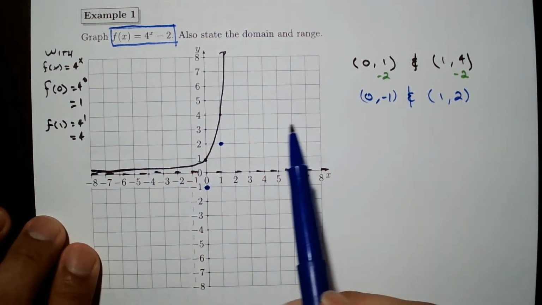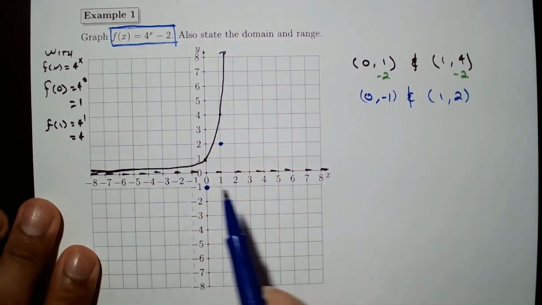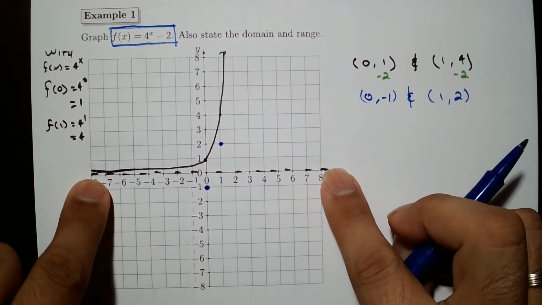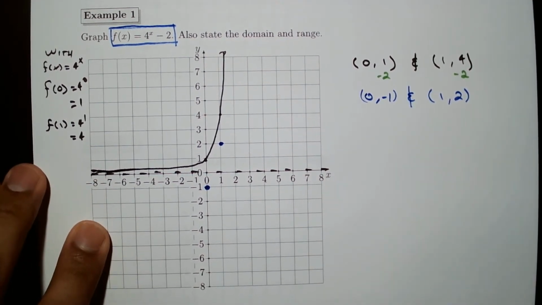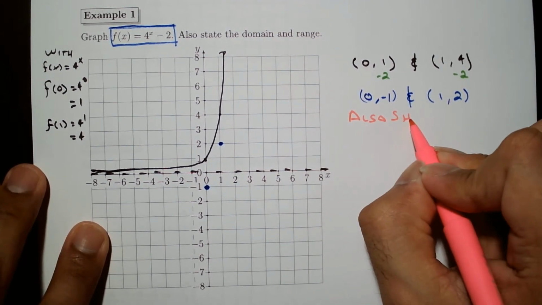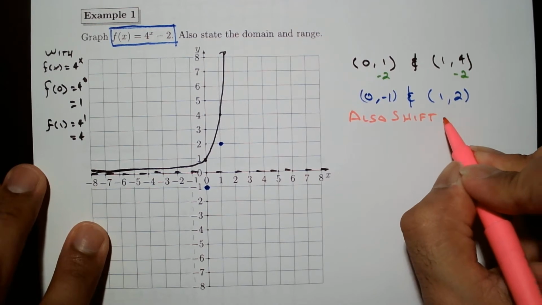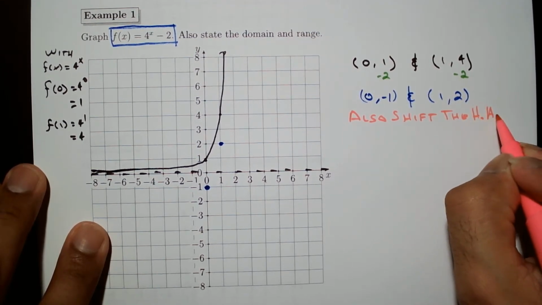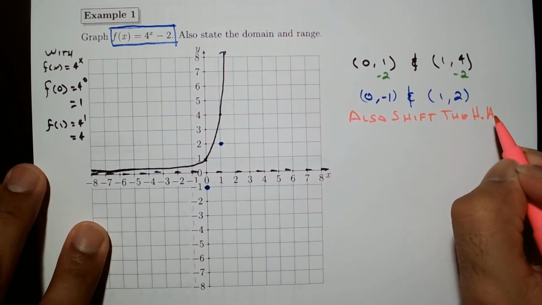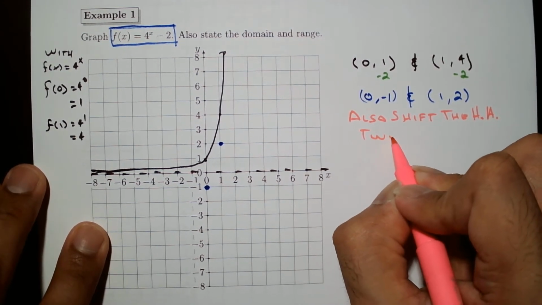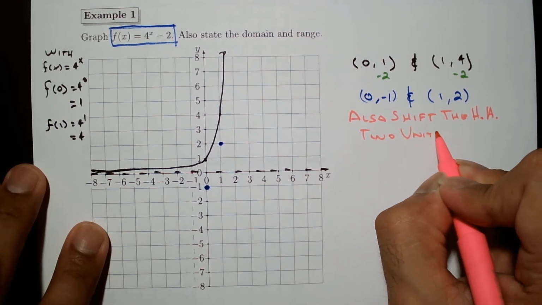And also in this case, it is the horizontal asymptote that gets shifted. So also shift the horizontal asymptote, HA for short, 2 units down.